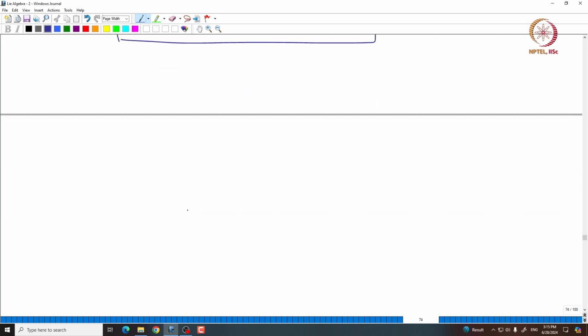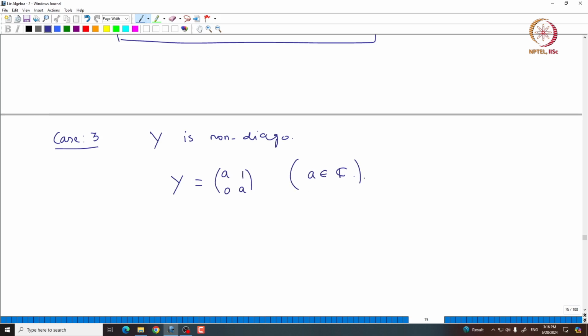So, we are left with only the last case, that is, y is non-diagonalizable. If y is non-diagonalizable, then by conjugation we can without loss of generality assume that y is of the form A 1 0 A, where A is a complex number and the eigenvalue of y.